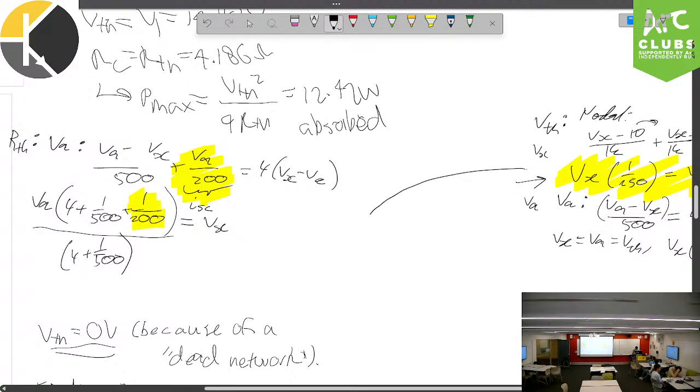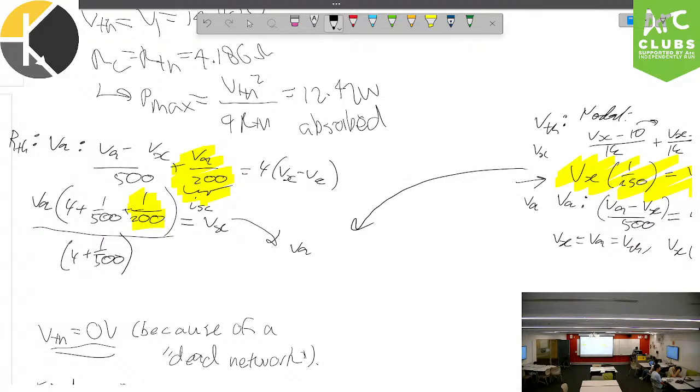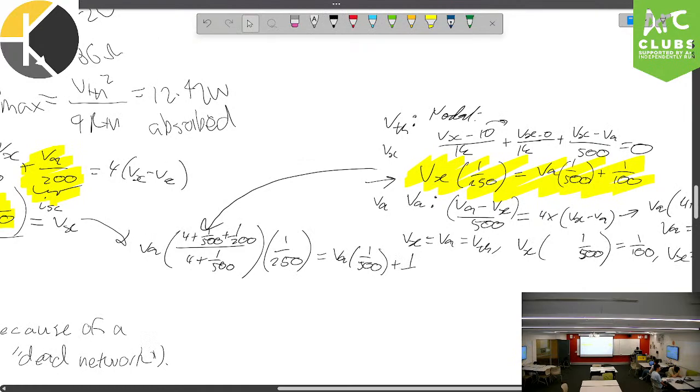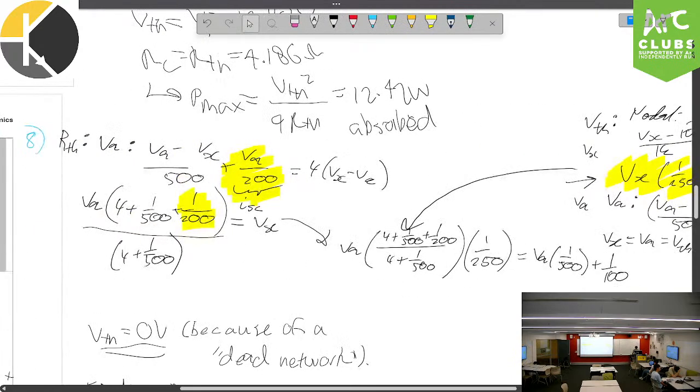So this bit comes over here, this bit comes over here to tell me I have VA and this disgusting equation, which is 4 plus 1 on 500 plus 1 on 200 over 4 plus 1 on 500 times 1 on 250 equals VA times 1 on 500 plus 1 on 100. Okay?